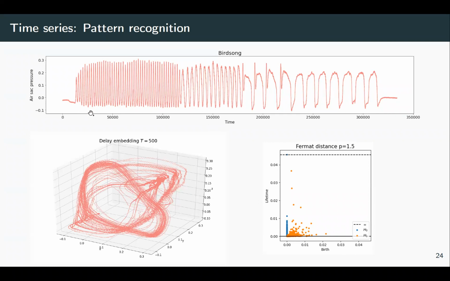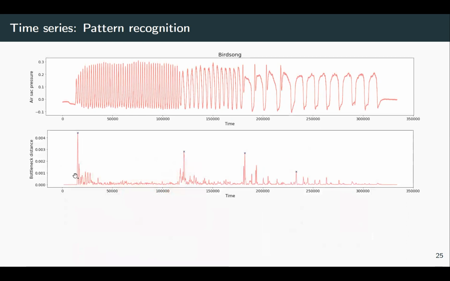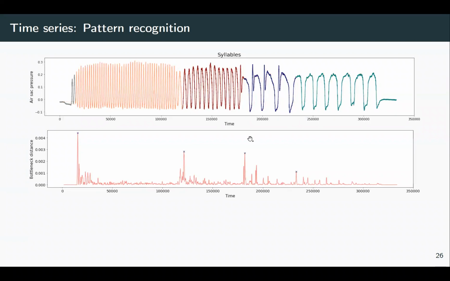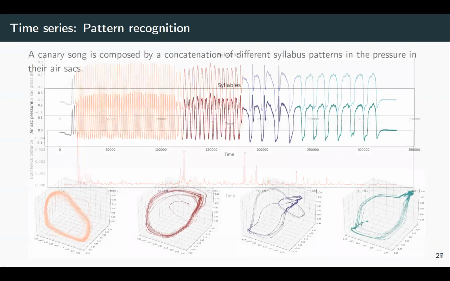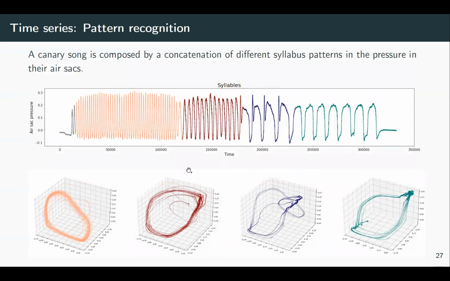But if you compute this time evolving embedding and the time evolving persistence diagrams, and you compute the Wasserstein distance or the bottleneck distance between consecutive diagrams in time, you can see these peaks that are followed by an exponential decay. And these peaks are related to the change of pattern, okay?